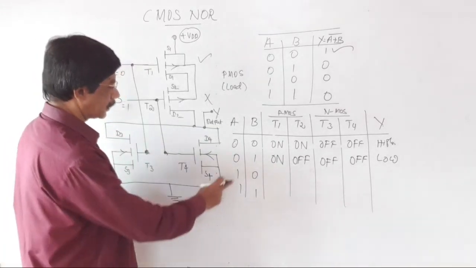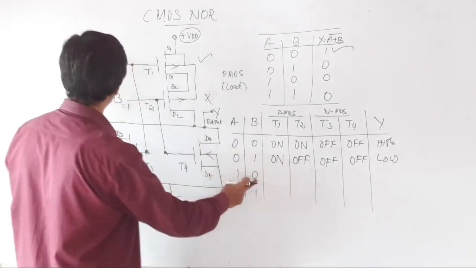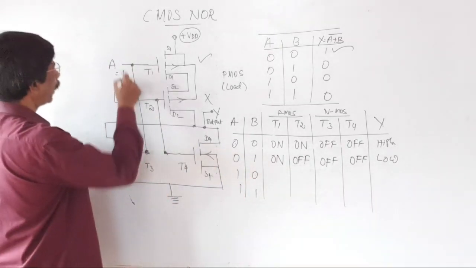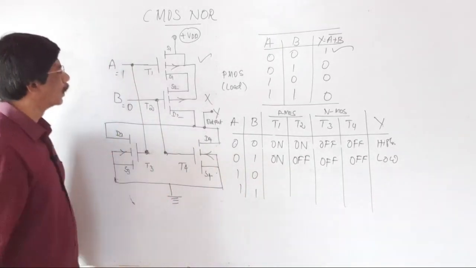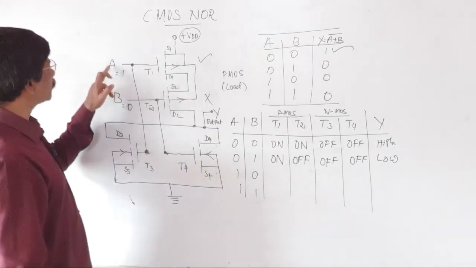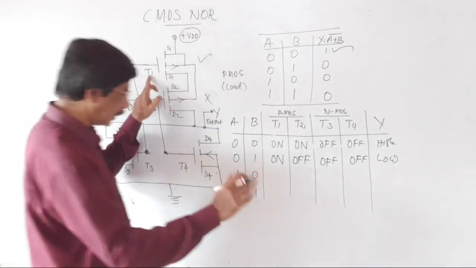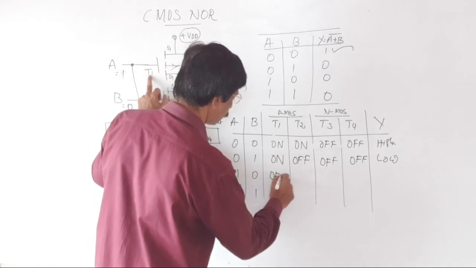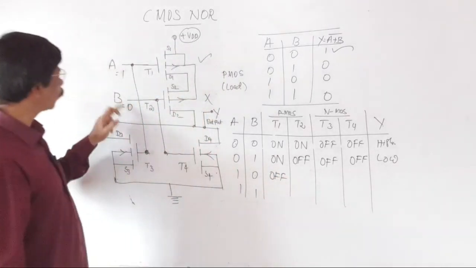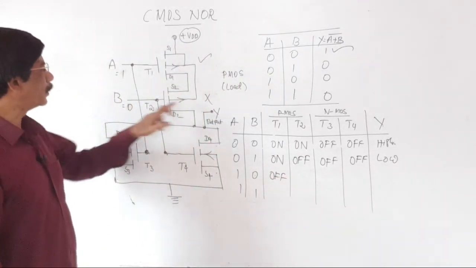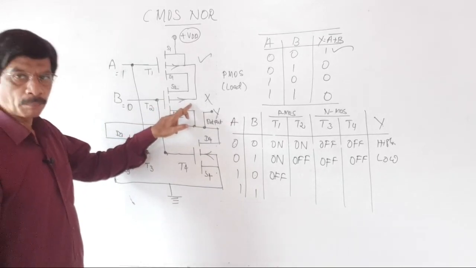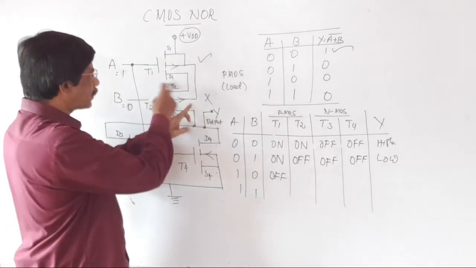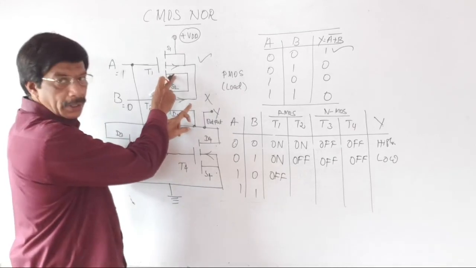The third case, A is equal to 1, B is equal to 0. Under this case, A is equal to 1, so T1 is definitely off. B is equal to 0, so this is on, but the upper transistor is acting as an off condition.